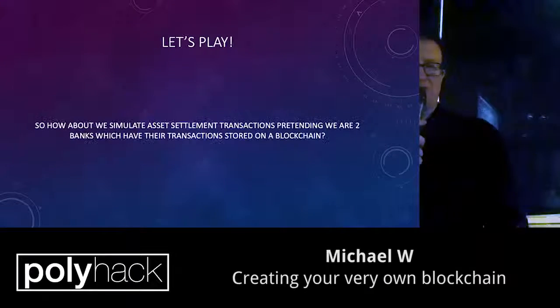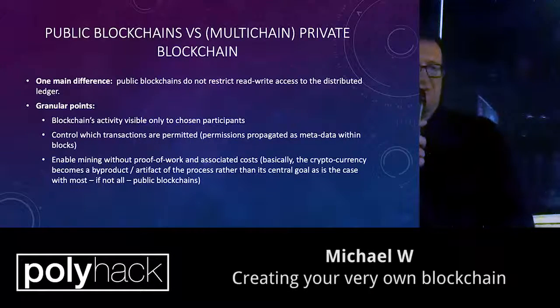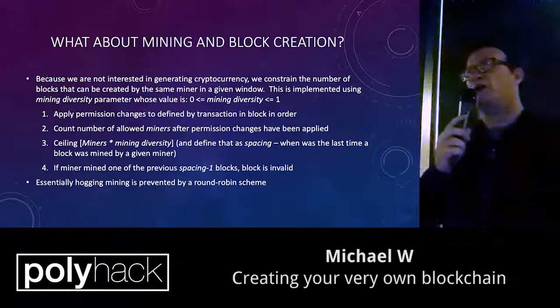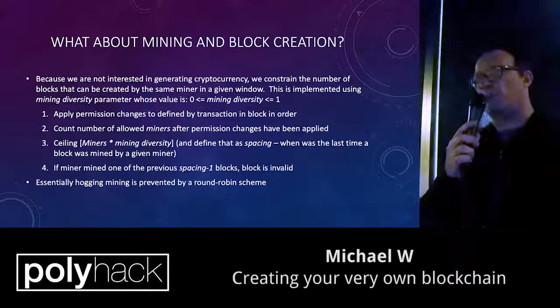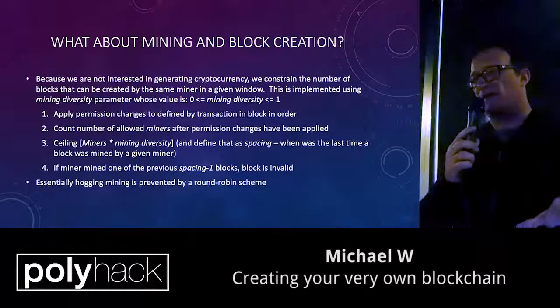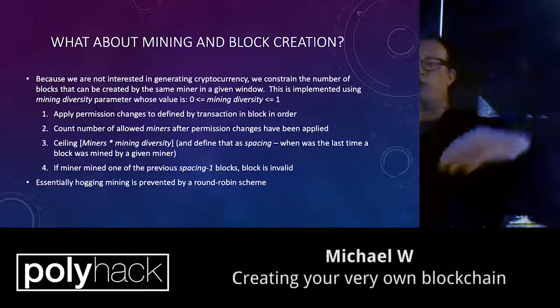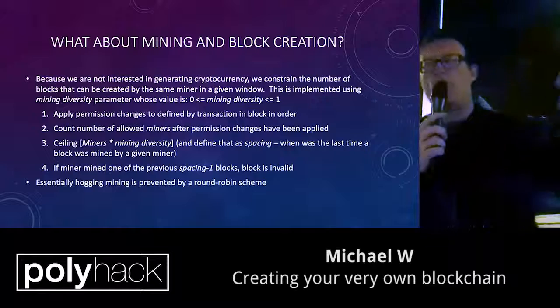Now, because this is kind of a moot point in private blockchains, the only thing we're really concerned about is to make sure that not one single miner hogs the ability to generate these blocks.